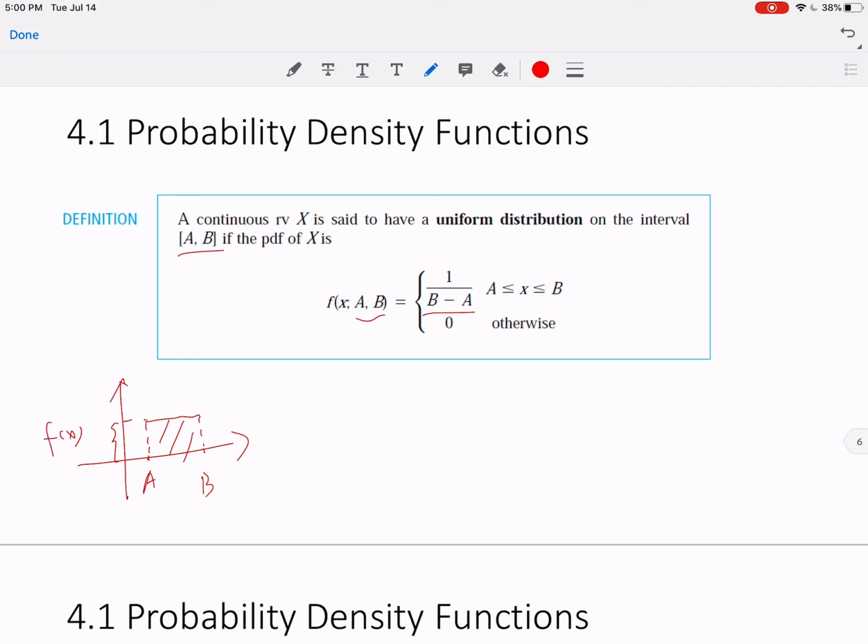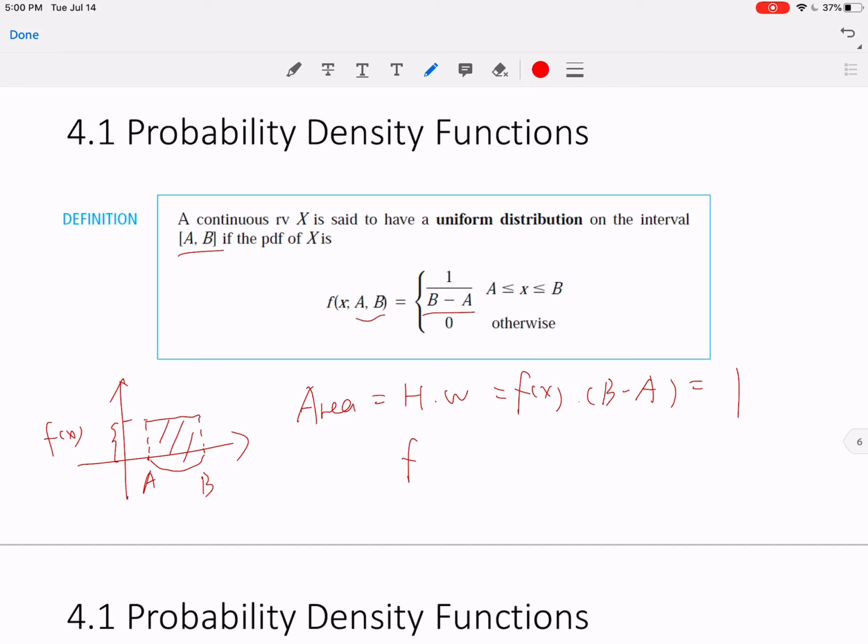F of x is a constant number. Let me rewrite this to make it clear. The area of the rectangle is equal to height times width. In this case, the height of the rectangle is f of x, a constant number, times the width, which is b minus a. The area of this rectangle is equal to 1 since it represents the sum of all probabilities.